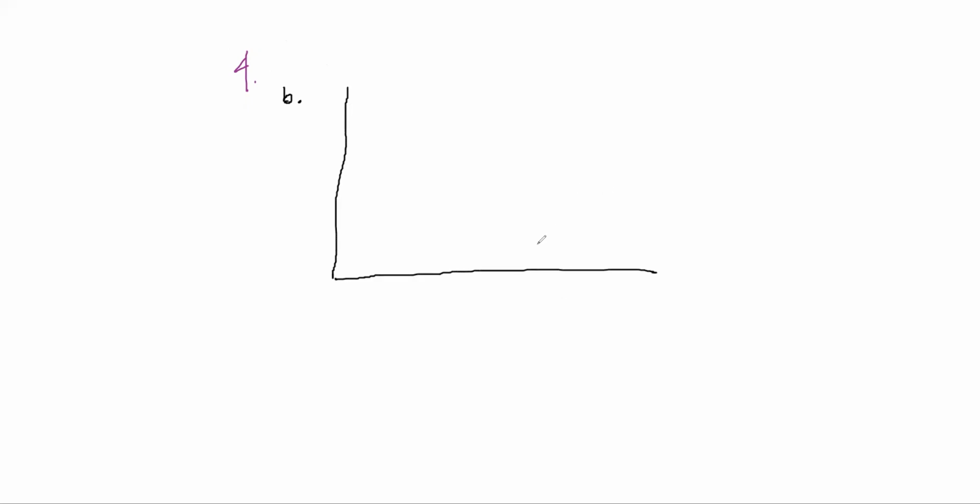So we have this graph. Here's 2, here's 4, and here's 6, and then here's 0. And the velocity is going to be, say that's 100, that would be 50, 75. Okay, so I'm just going to roughly estimate here.